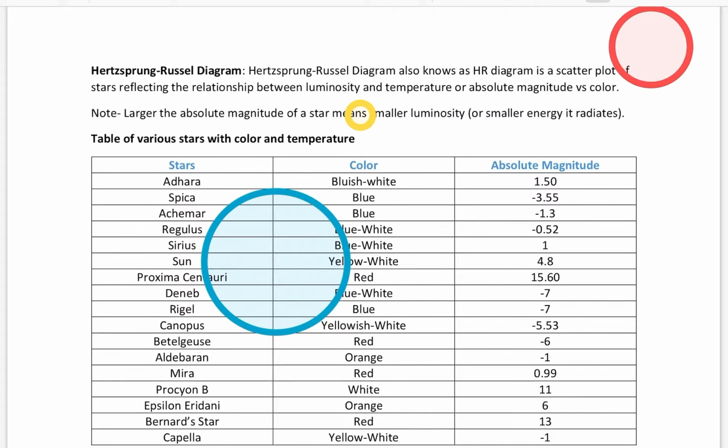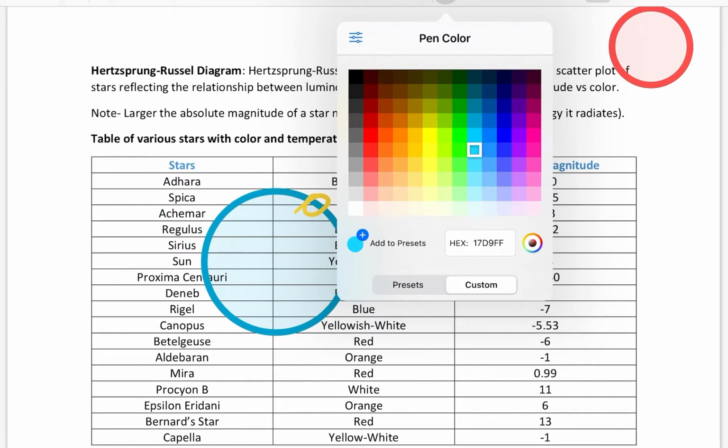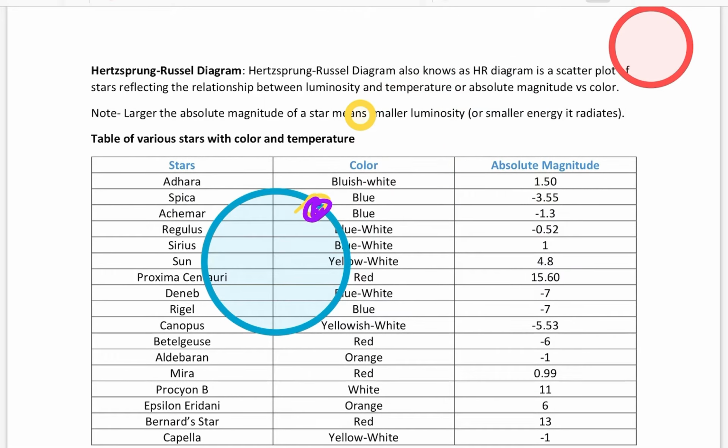Now let's say you are standing right here on the Earth surface. As the Sun is much closer to us, it looks much brighter compared to Betelgeuse.